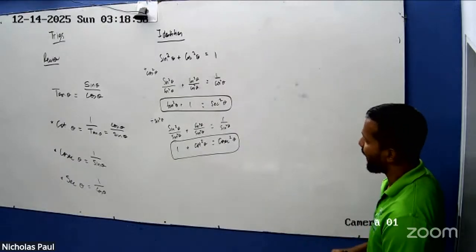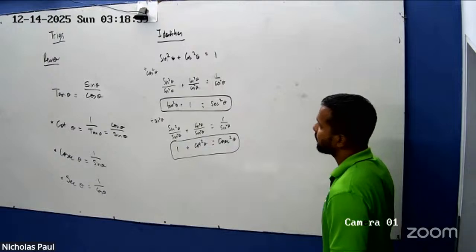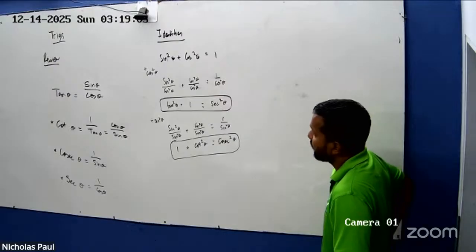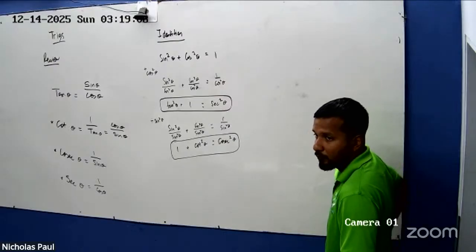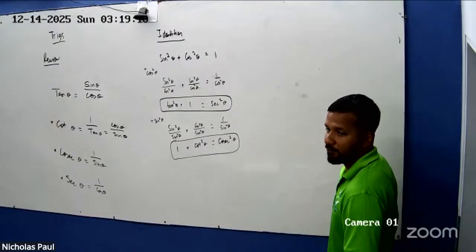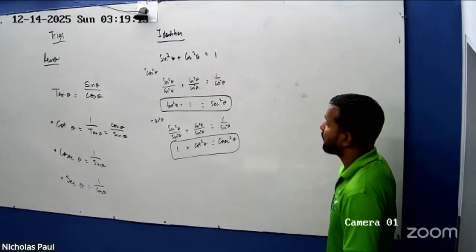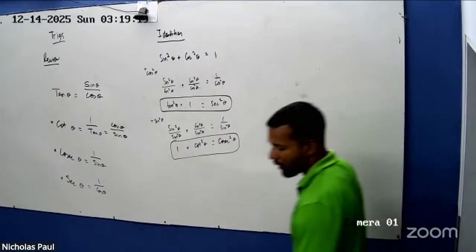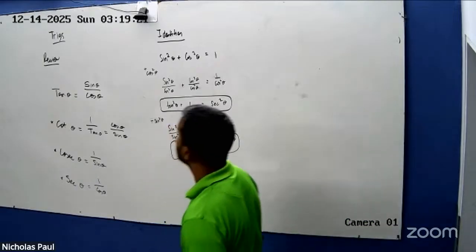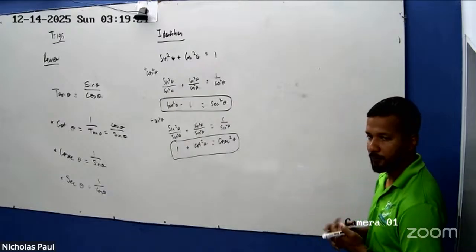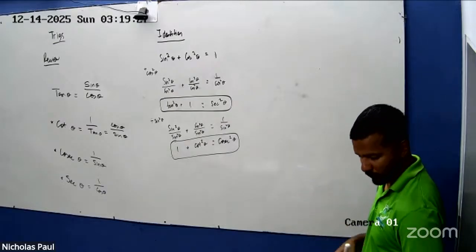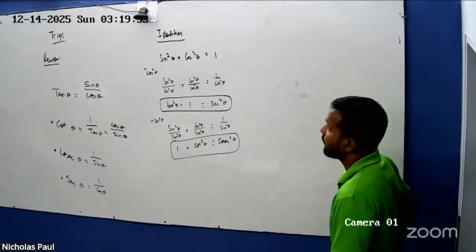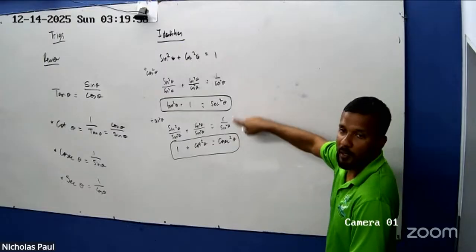I will do the double angles and things later on, right? All right, so these are some identities I want you to remember. Now, we're just adding these two identities.